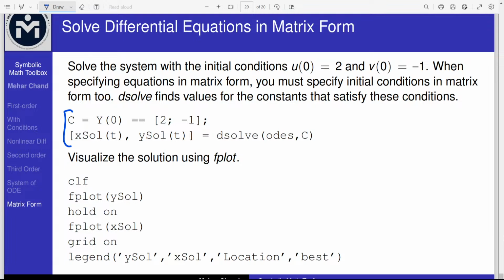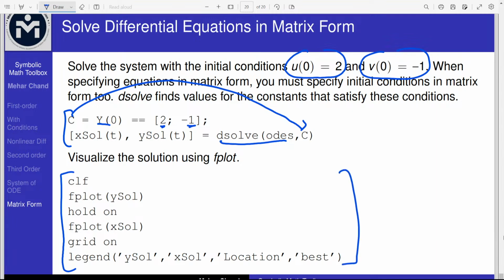This is the first condition for u, and this is the second condition for v. And Y is a matrix involving both u and v. So you will use this part at its place, and this solution is there. When you execute this sequence of statements, and after that, if you want to visualize, the same process as in the previous example applies. There is no difference.